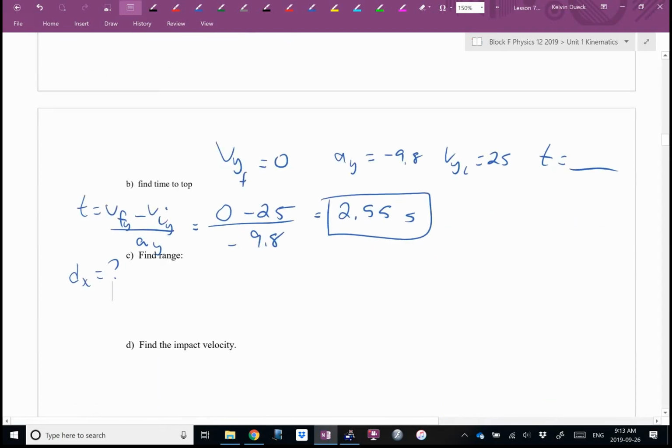Anyways, I'm going to say this. dx equals vxt. What happened to the plus a half at squared?